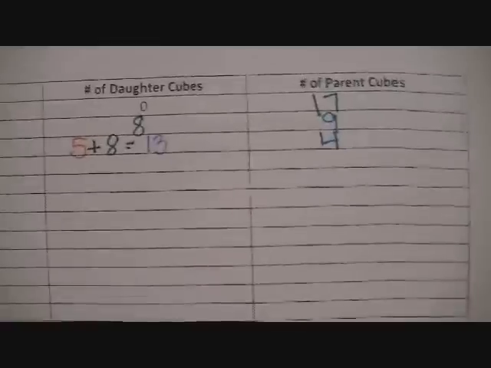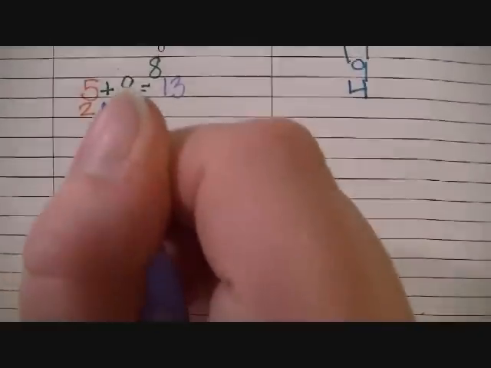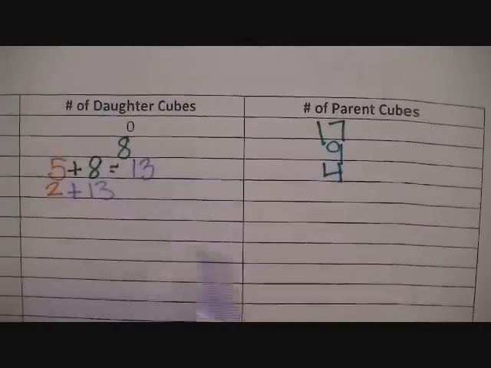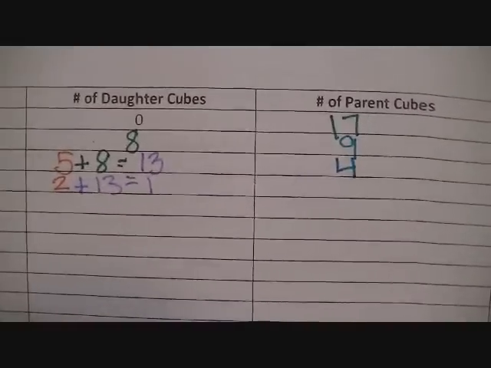She picked out 2. So you're going to put your 2 right there that she picked out. And our 2 plus our 13, the one directly above it, gives you 15.